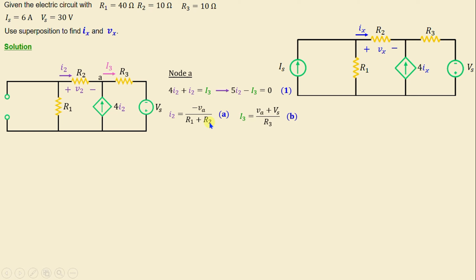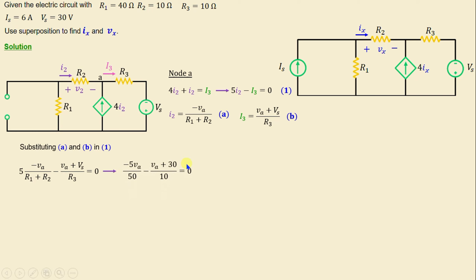And the current I3 is equal to VA minus negative Vs over R3. Now, by substituting A, B in 1, we can write 5 times negative VA over R1 plus R2 minus VA plus Vs over R3 is equal to 0.